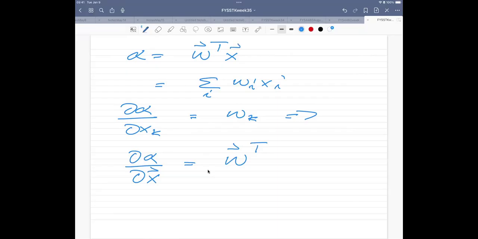So then we have the answer, which is just equal to the vector y transposed times the matrix A, which we defined. Now let's look at the other one. And here comes a very important aspect, which is going to be helpful when you calculate the derivative of the mean squared error. So alpha is a scalar.